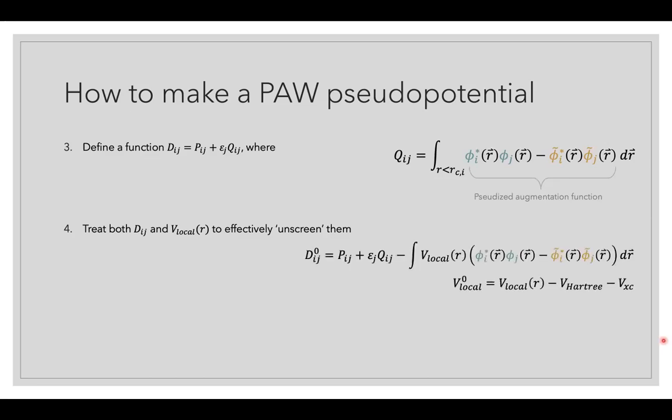For the local potential, you subtract from it the Hartree and the exchange correlation potentials. For the d function, you subtract from it the integral over the product of the pseudized augmentation function and the local potential. And then finally, your pseudopotential is going to be this unscreened local potential plus the sum of the unscreened function d inside the augmentation region.